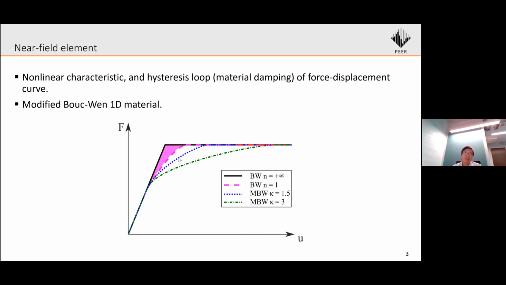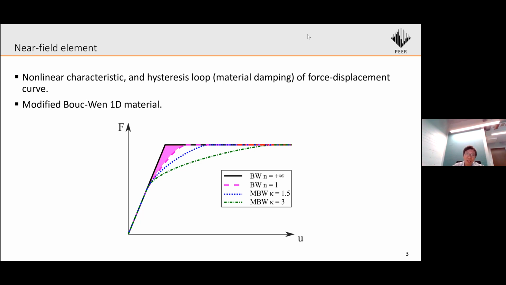And the near field element represents the nonlinear characteristic and hysteresis loop, or the material damping, of the force displacement curve. The nonlinear hysteretic Bouc-Wen model is a good choice for those purposes.